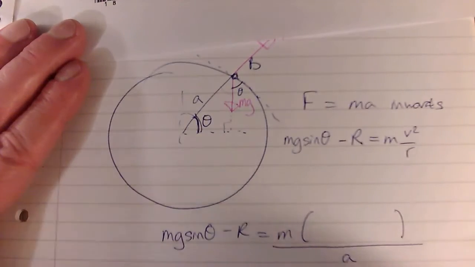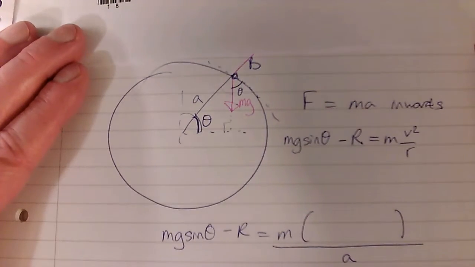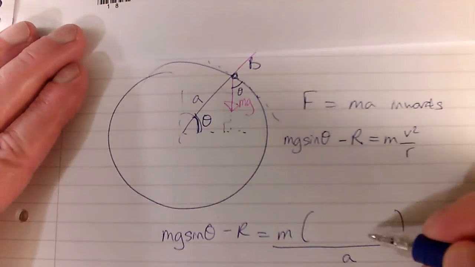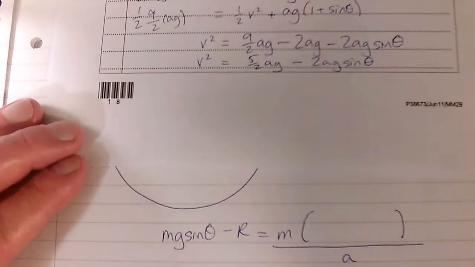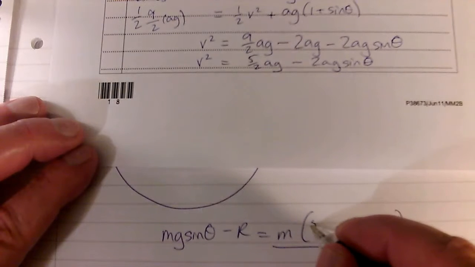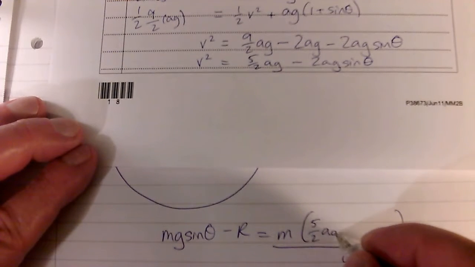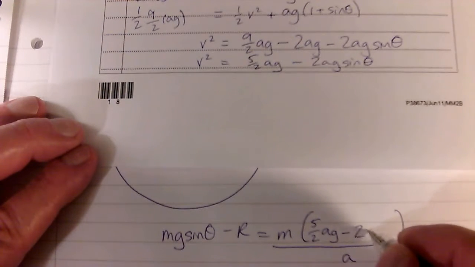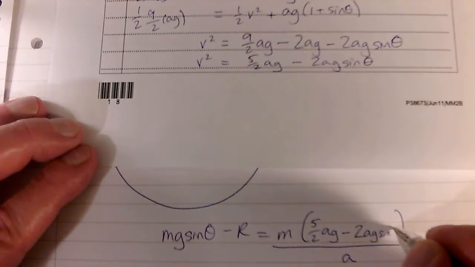So I've now got to substitute in my v squared into this bracket here. Here was my expression for v squared: 5 over 2 ag minus 2ag sine theta.